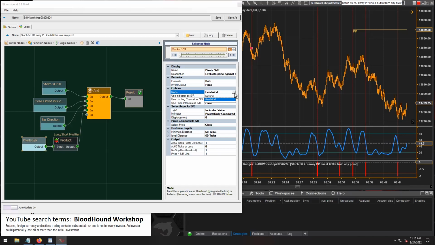So wrapping your head around tailwind mode and headwind mode is hard, since people are not used to this terminology. There really is no common terminology used for what the solver's doing, so we had to make up our own terminology, headwind mode and tailwind mode. Once you understand what they're doing, then headwind versus tailwind makes total sense.